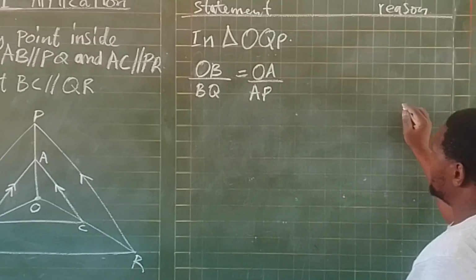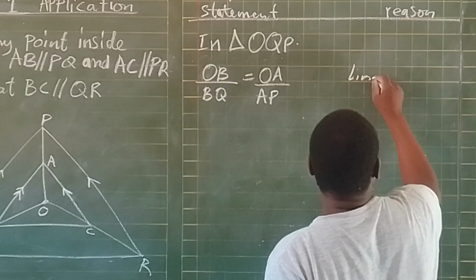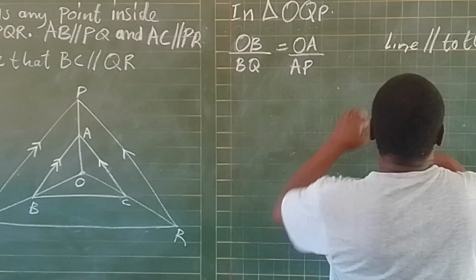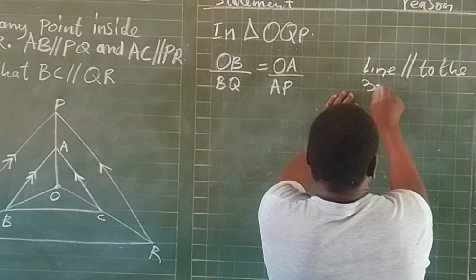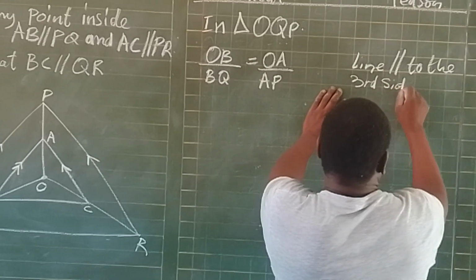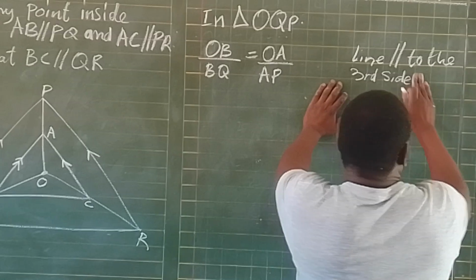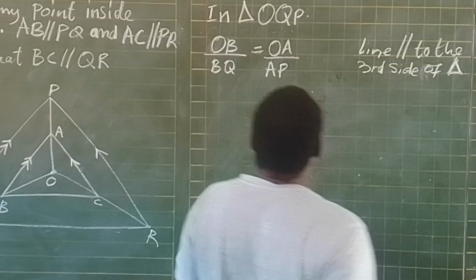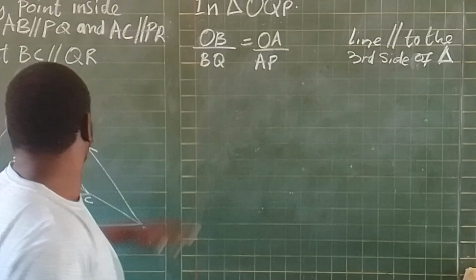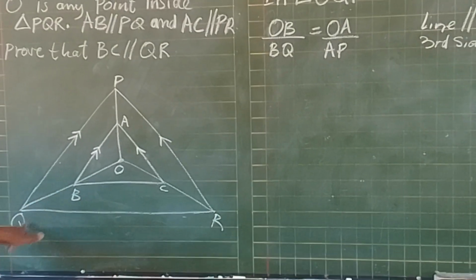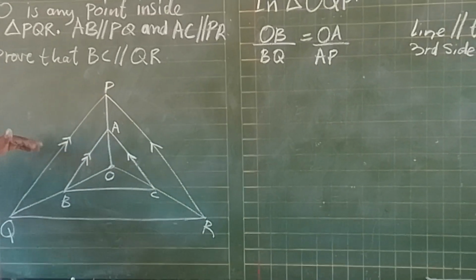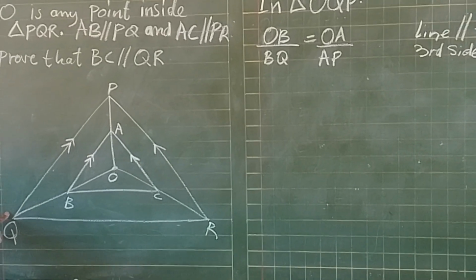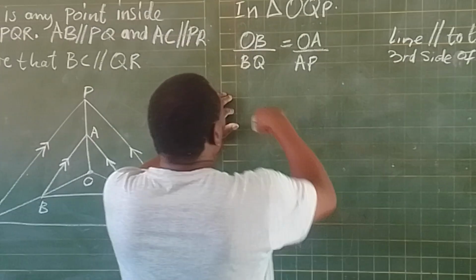The reason for that is a line parallel to the side of a triangle. That is the reason for this statement. You can see OB over BQ is equal to OA over AP because AB is parallel to PQ. We were given that.